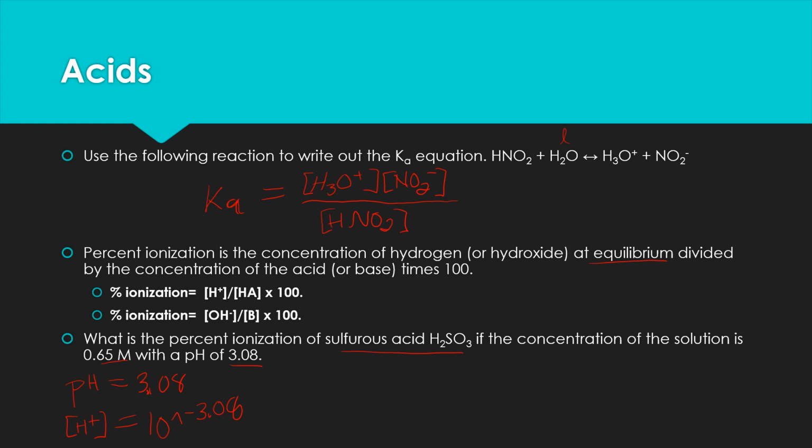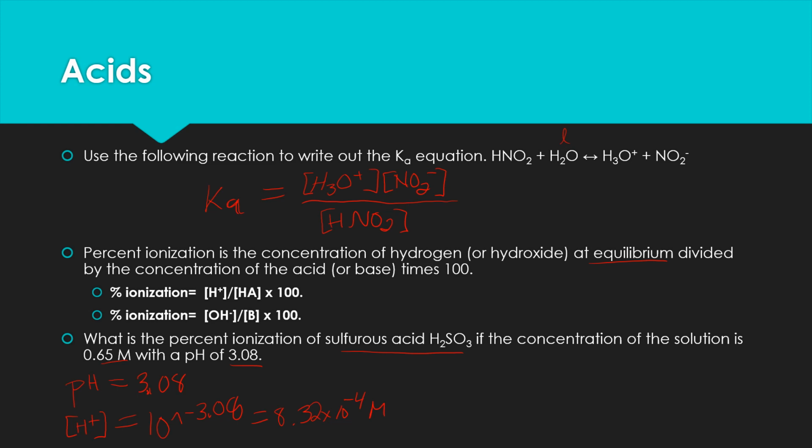So putting it into our calculator, 10 to the negative 3.08, and I'm going to put it in scientific notation. We get that our concentration of hydrogen is 8.32 times 10 to the negative 4. So that's our concentration, or molarity, of our hydrogen ion.